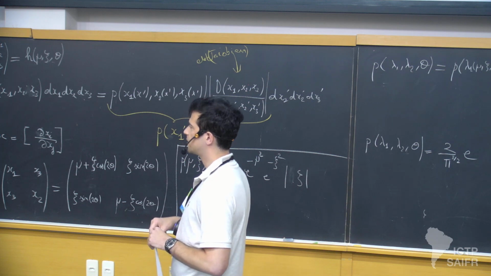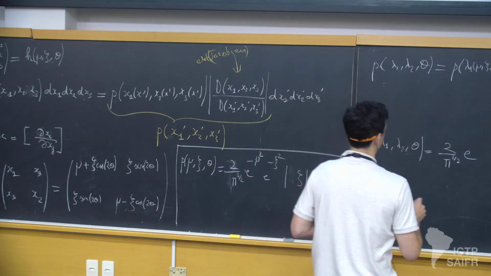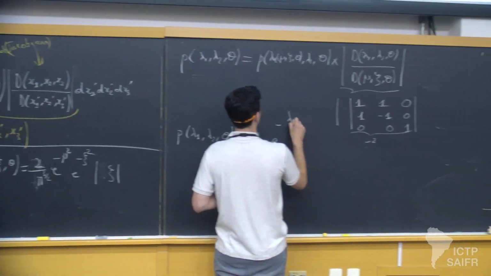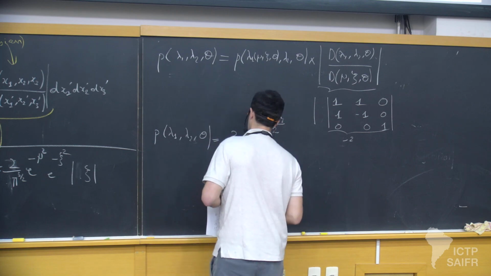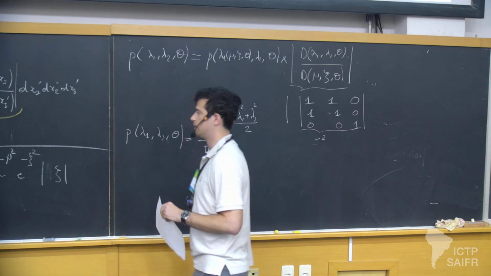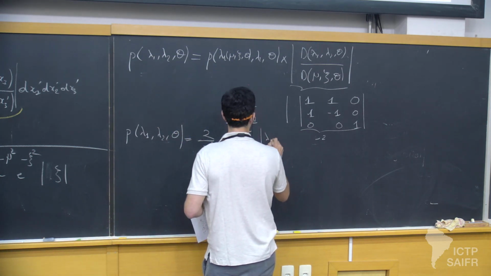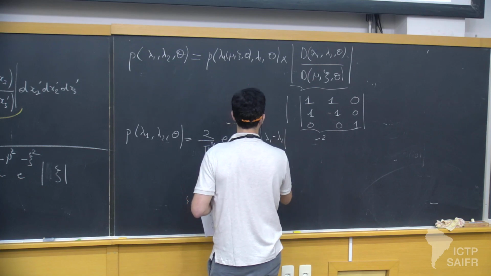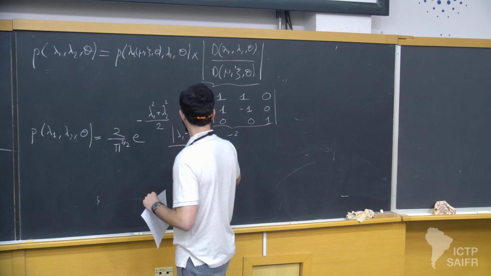Mu square minus psi square would give you lambda 2 square over 2. So I get minus (lambda 1 square plus lambda 2 square) over 2. This thing here now is the absolute value of psi, which is (lambda 1 minus lambda 2) over 2. And then the determinant is just 2.